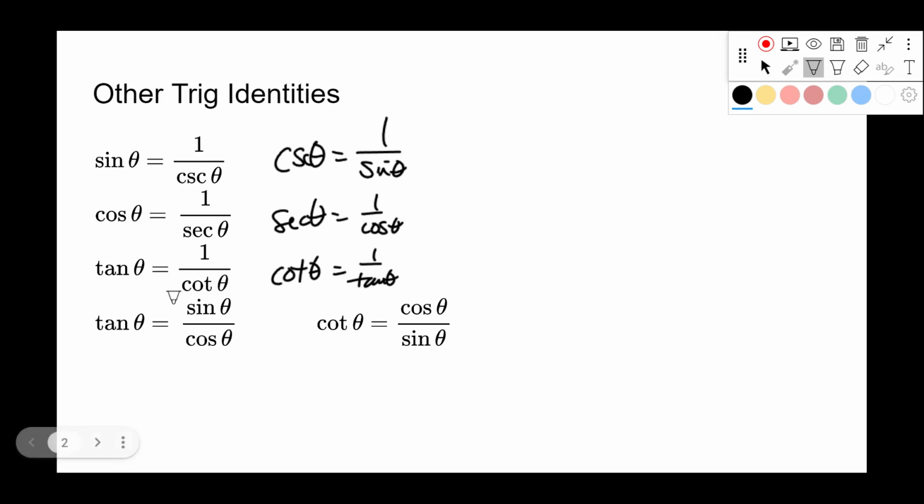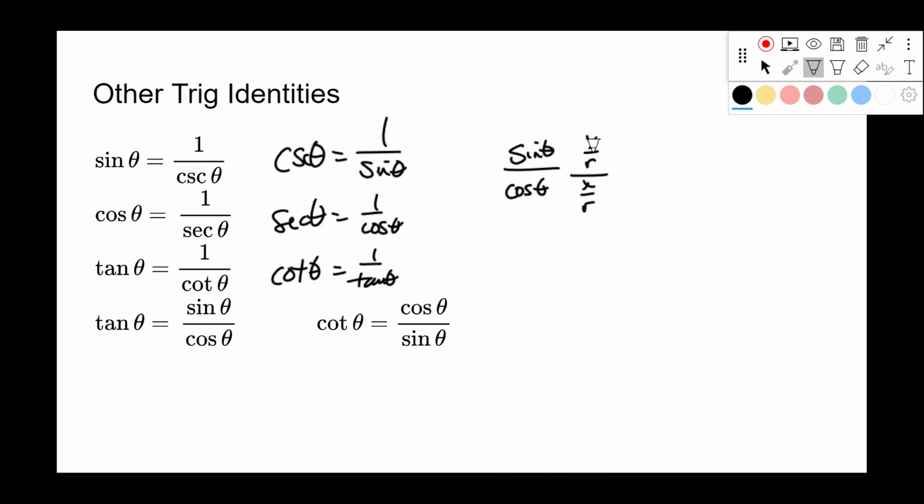Now, tangent is sine over cosine. We already know that as well because think about it. If we do it over here, the sine is the y-coordinate over the radius. Cosine is the x-coordinate over the radius.